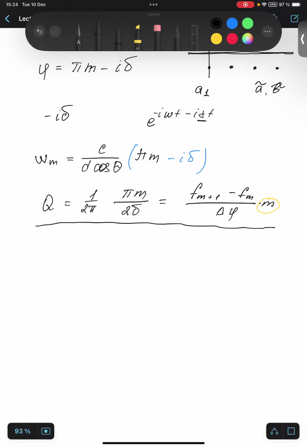So basically, when you increase m, your frequency increases and the wavelength decreases, obviously.